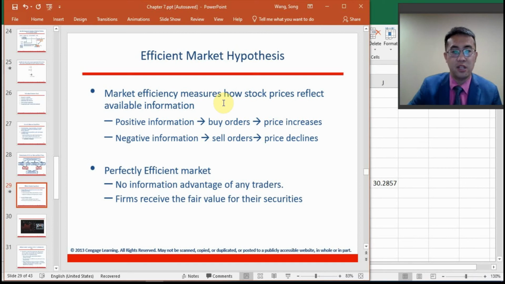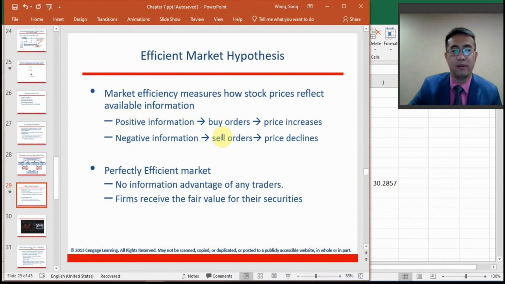So what does market efficiency mean? That means the stock price reflects all available information, and this information would be called material information that is related with the firm's earnings and the risk level. Your decision would be different if you have more or less material information.